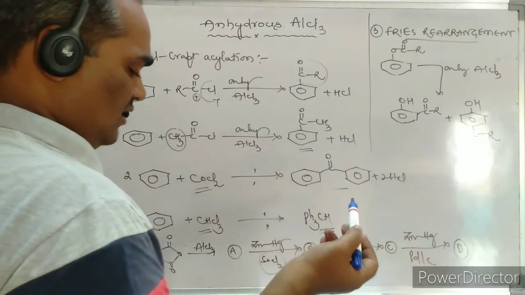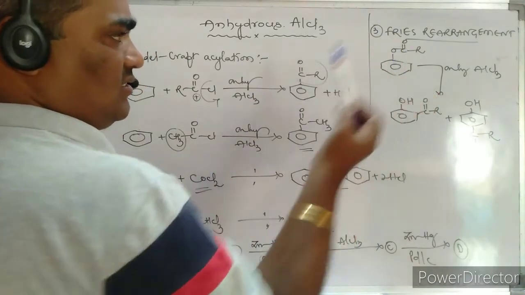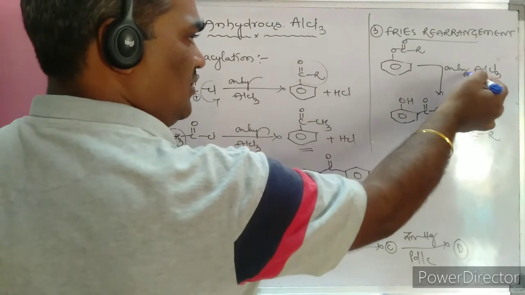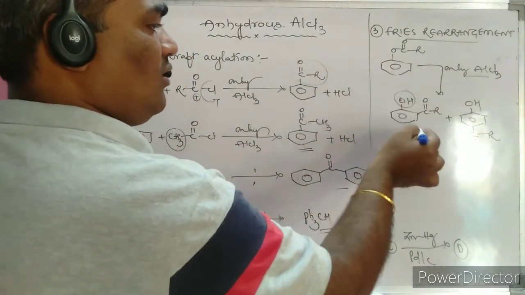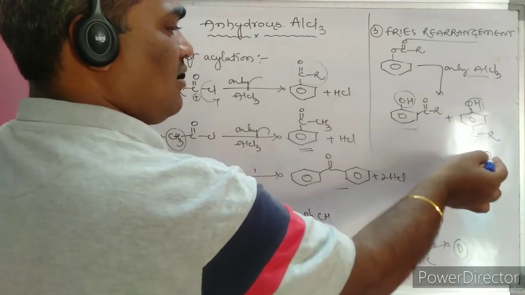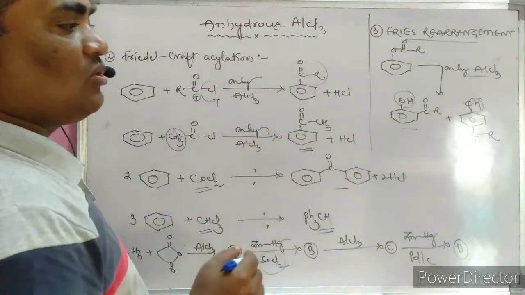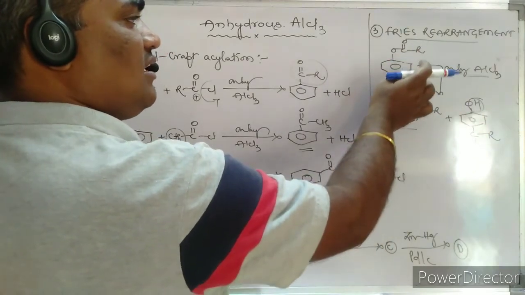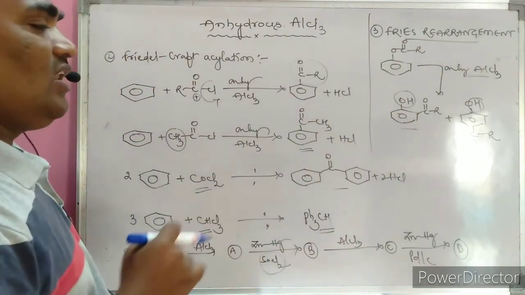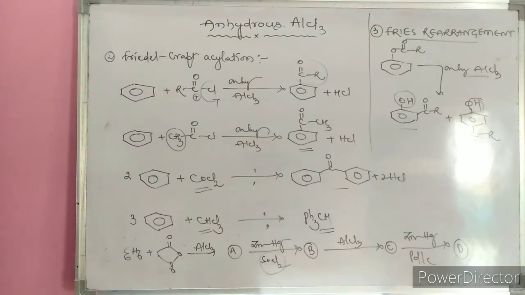In the Fries rearrangement a phenyl ester undergoes rearrangement in presence of anhydrous AlCl3 to form orthohydroxyketone as well as parahydroxyketone, which are the rearrangement products of the phenyl ester.